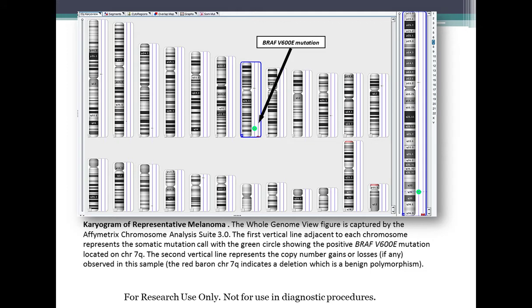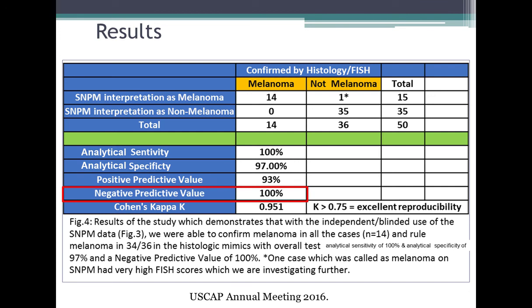And as I mentioned earlier, the advantage of the OncoScan FFPE assay is the probe against 74 mutations, and one of them is BRAF V600E, which you can identify in the keratograph of melanoma. So the result of the evaluation study was pretty phenomenal.